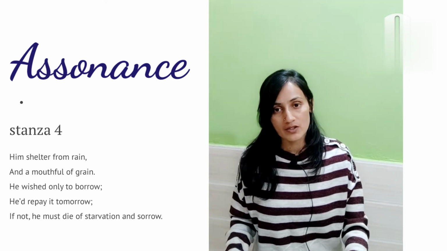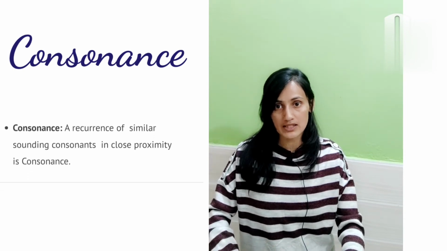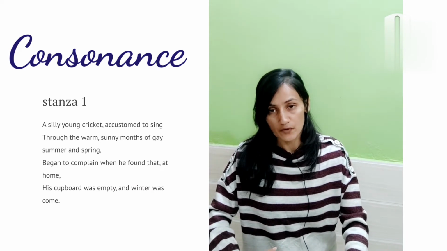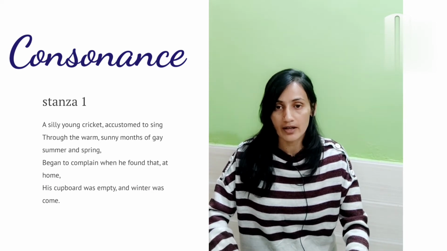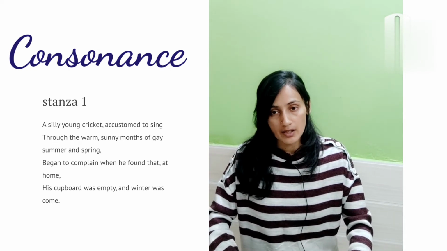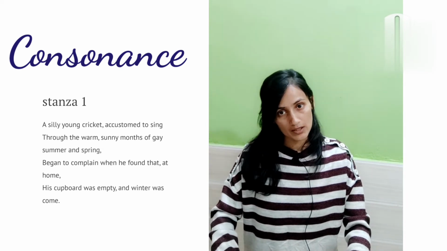Next poetic device is consonance. When there is a prominent consonant sound, then it is consonance. In the first stanza, in the first line, a silly young cricket accustomed to sing. Accustomed to sing, cricket. Cricket accustomed to sing.